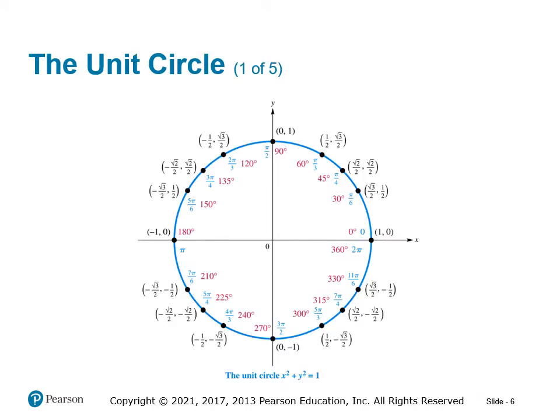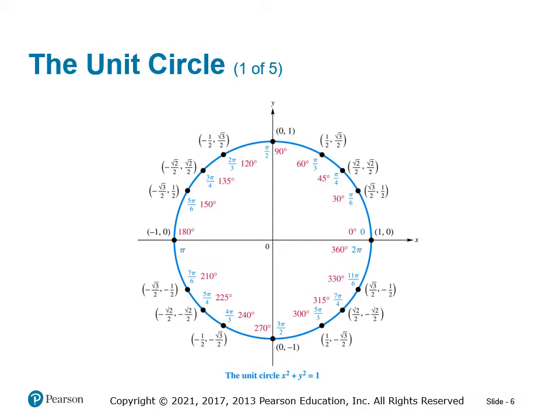So if we go around the unit circle and point out the known angles that we've been doing with the right angle triangles, the 30, 60, 90 and the 45, 45, 90, then we can see that these x, y values in quadrant 1 for 30, 45, 60, and 90 give us the same values in every single quadrant for the reference angles.